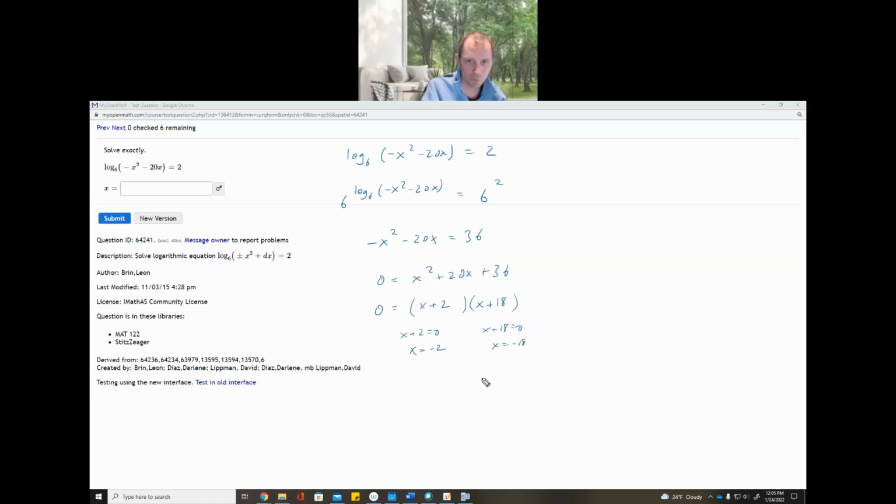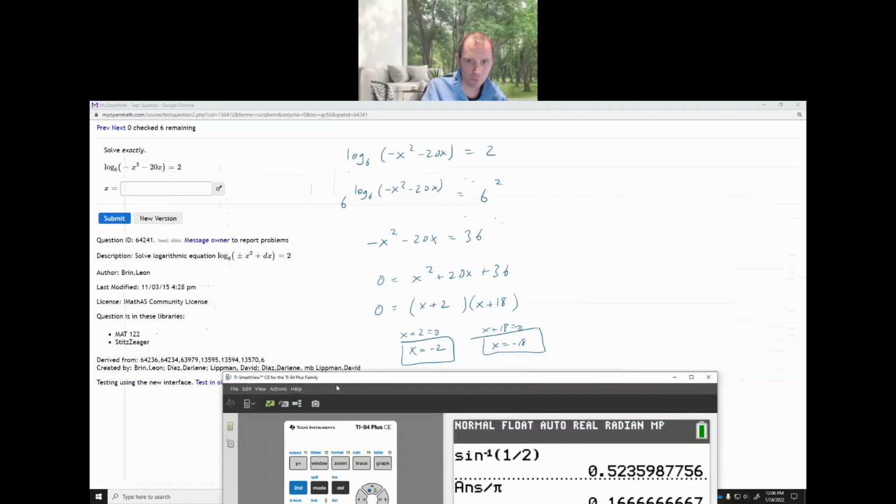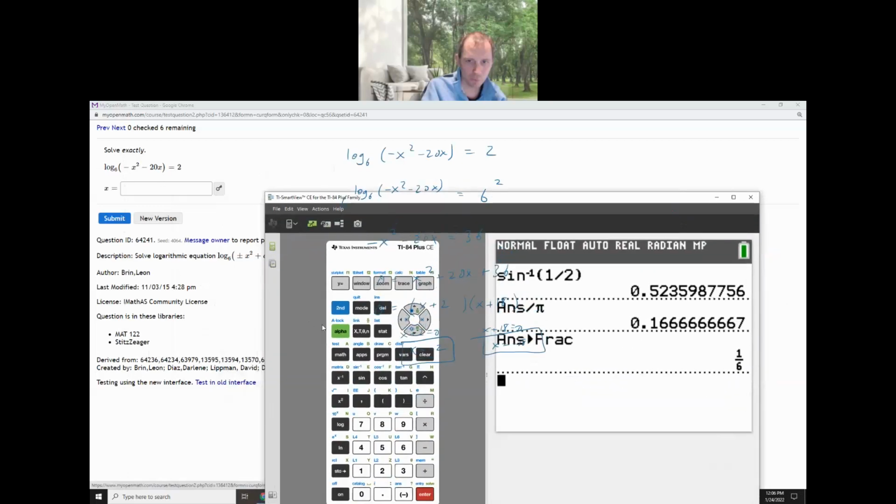What I want to do when I get answers, especially if I ended up with a quadratic, is double check and make sure that those answers work. Sometimes you can get a false answer. Typically it happens when you do things like square both sides, but it's a good idea to always double check anyway. In this case, I think they're both going to work, but we want to check them. So I'm going to plug negative 2 in for x and see what happens.